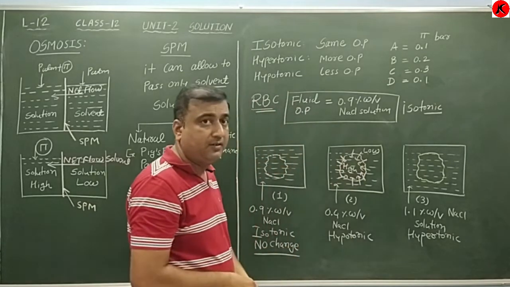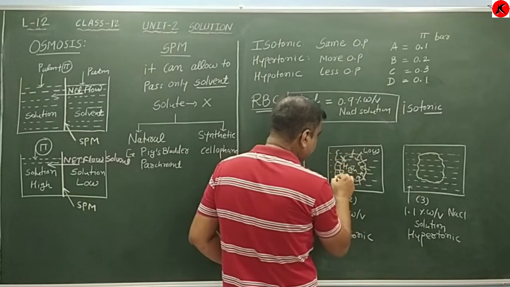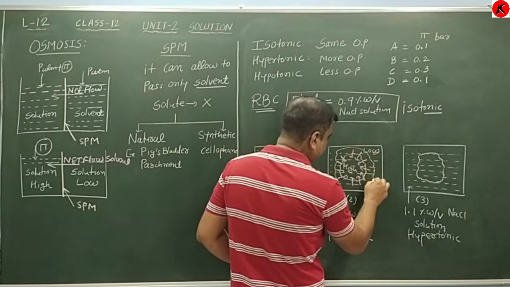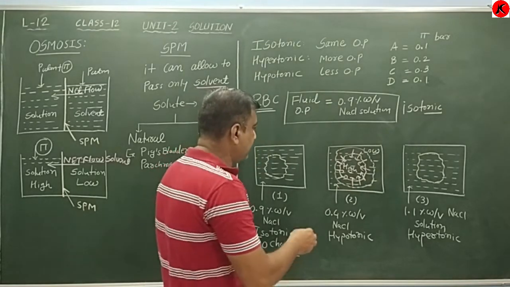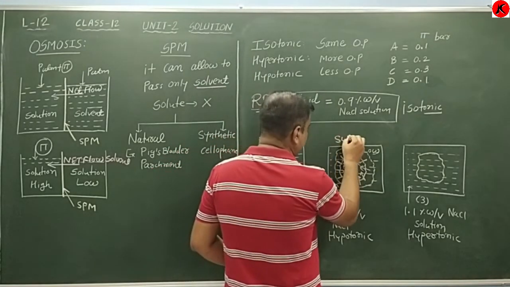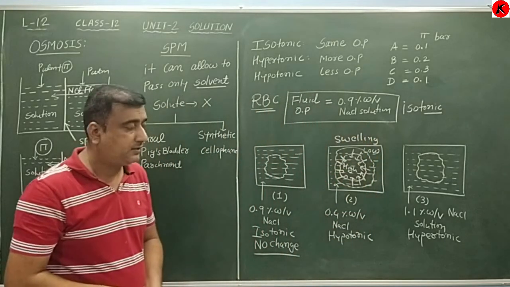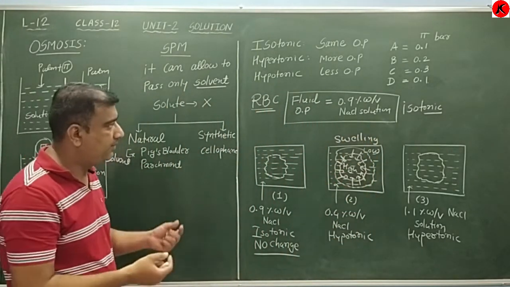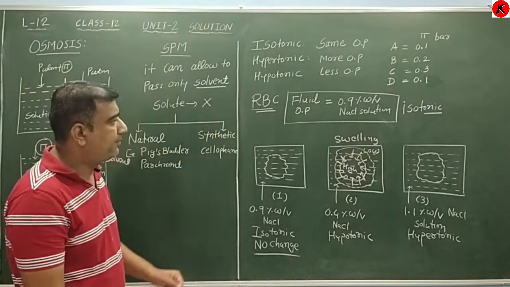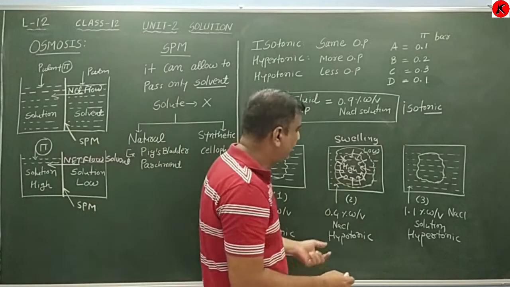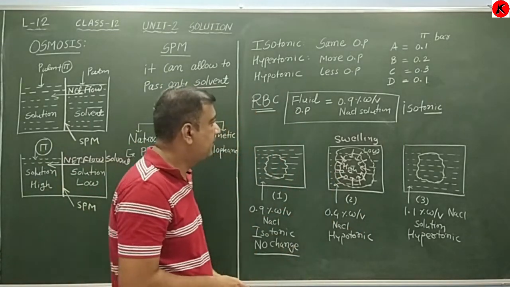That means the size of the RBC is increasing, swelling occurs, and finally more solvent molecules will pass. Then it will collapse.